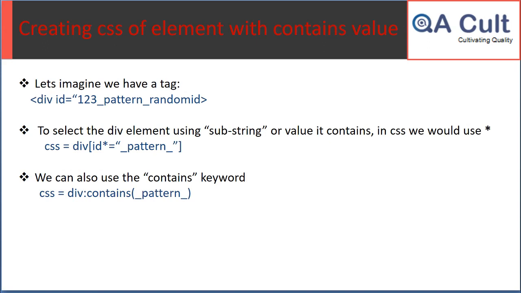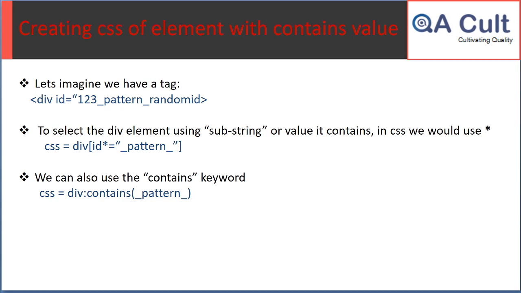Then there is CSS of elements which contain a certain specific value, like I have taken a tag div which has the pattern 123_pattern_random id. This is the id value, right. For using a substring in the div web element, or the value it contains, in CSS we can use the asterisk sign.